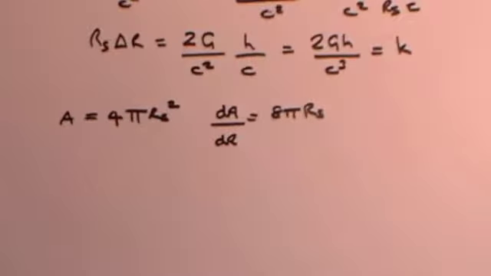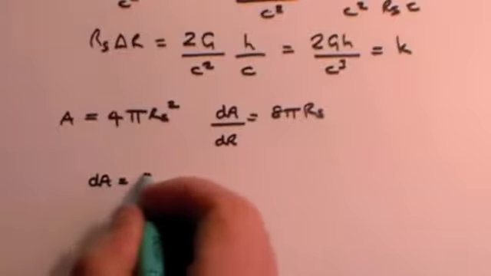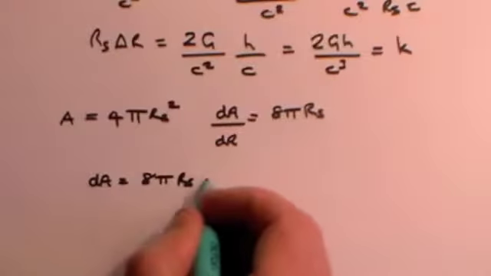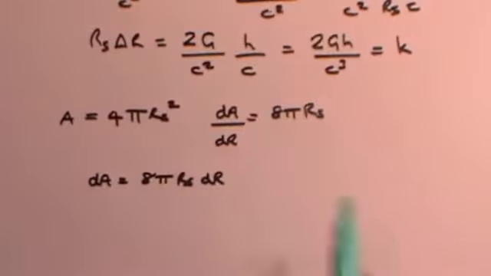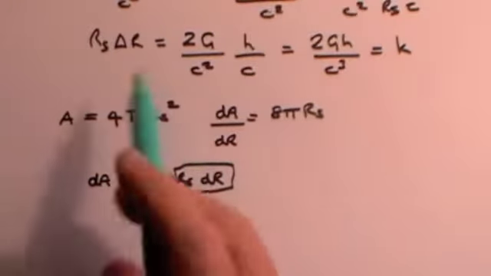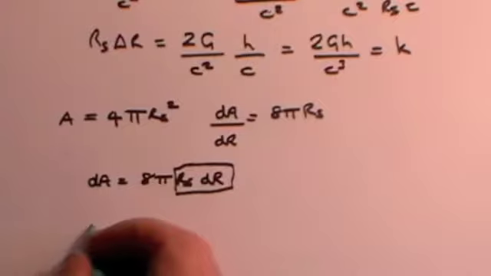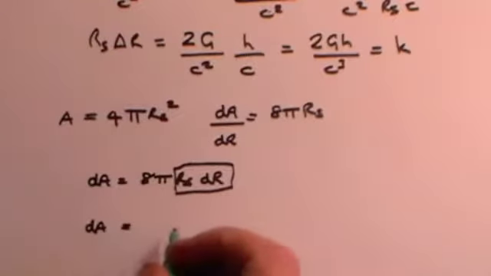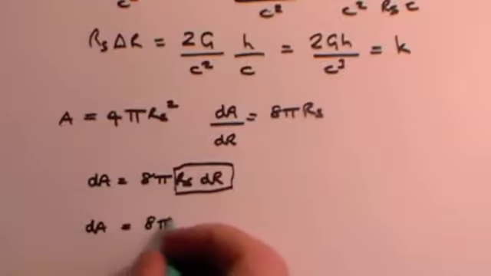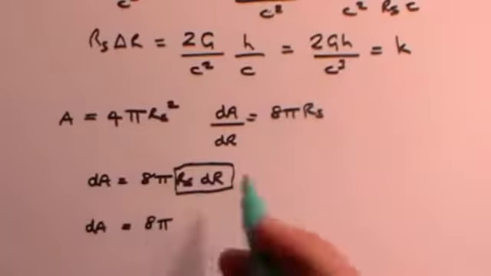And that means that dA is equal to 8 pi Rs dr, just multiplying by dr. But we know what Rs dr is because we calculated that up here. So now we can substitute that dA is equal to 8 pi times Rs dr, which is 2gh over c cubed.